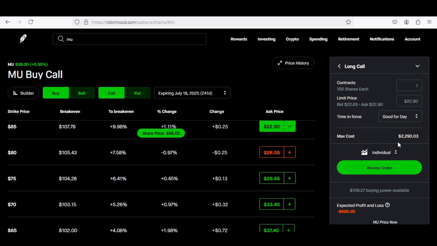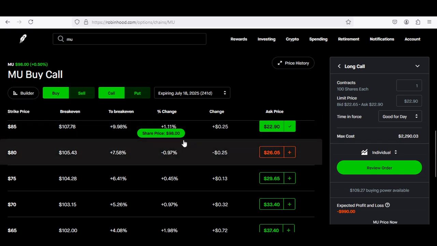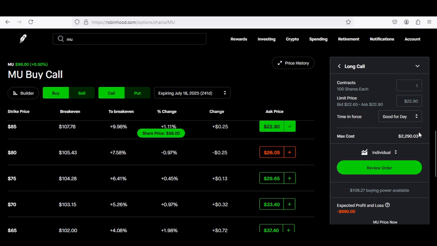Like I said, if you were to pick up 100 shares of Micron right now, you'd pay $9,800. You now have the same controlling interest in 100 shares, but now you're only paying $2,290. The rest of the money, the difference between 9,800 and 2,290, can be used for you to implement other strategies in your portfolio.